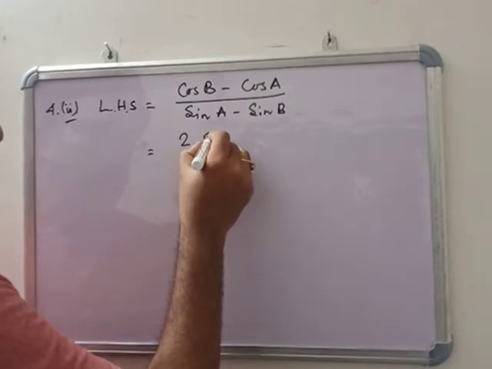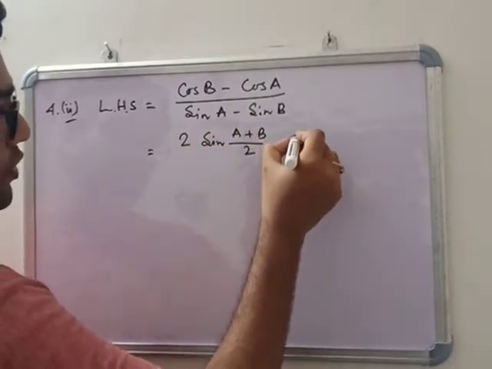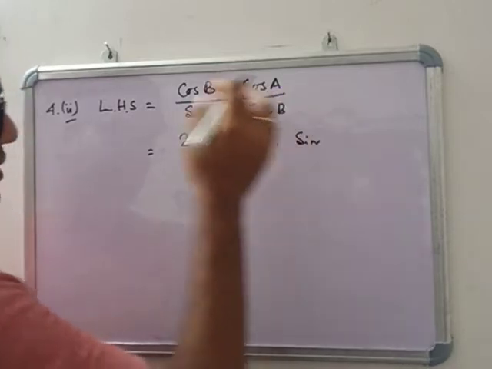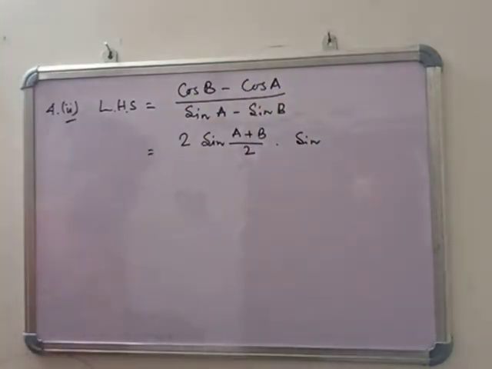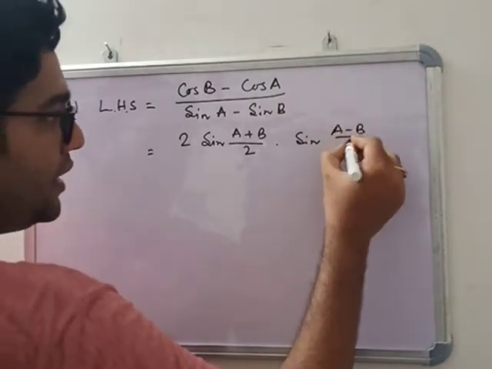So 2 of sine A plus B by 2 into minus, that means D minus C, so A minus B by 2.